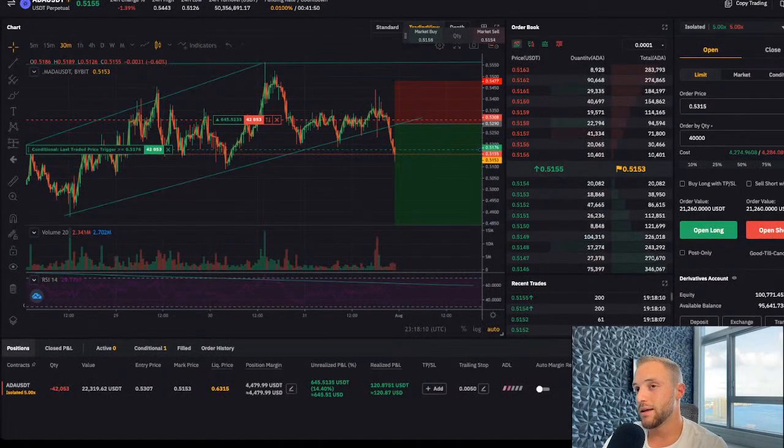And the same thing, this is a 100K account, and I risk like 0.05 or 0.5% of this account on this trade, just because I'm kind of playing around, but also because I will not risk more than 4% of the account on any given trade. And if I'm in a losing streak, I'll lower that down to 3%, 2%, 1% to make sure that you're not blowing up your account. Because trust me, I have blown up some accounts before.